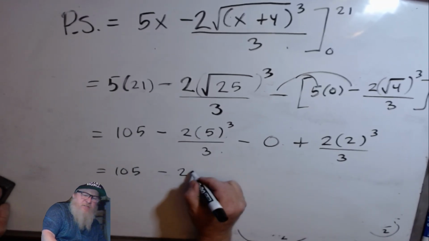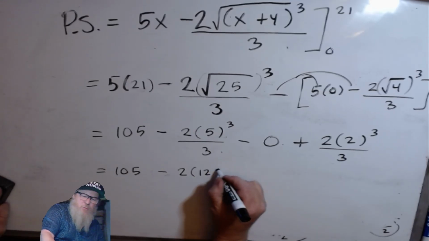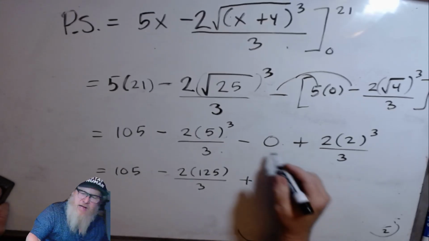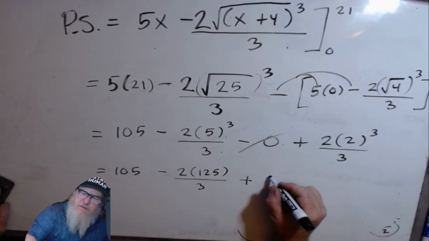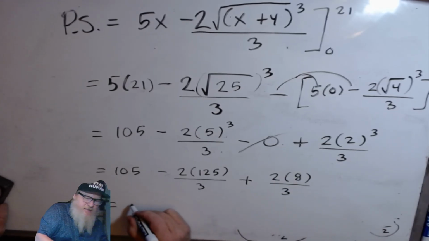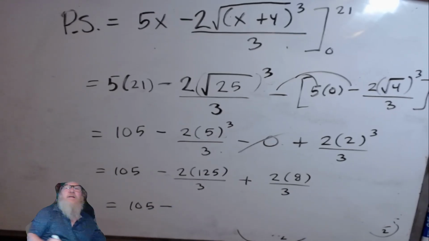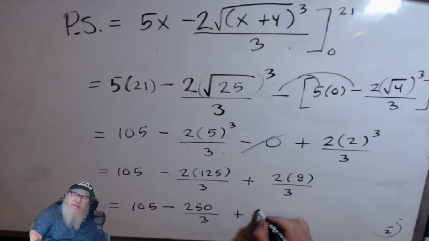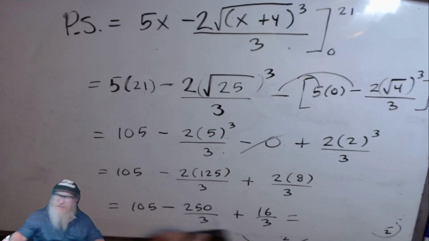So 105 minus 2 times 125 over 3 plus, the 0 doesn't matter, 2 times 8 over 3. 105 minus 250 divided by 3 plus 16 divided by 3.